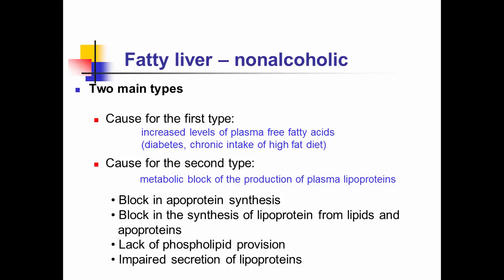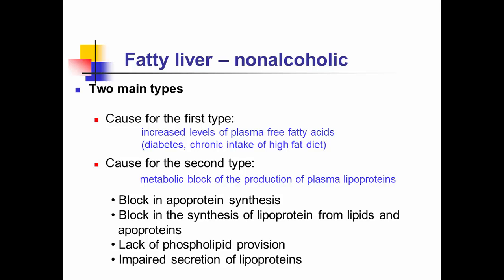This cause is usually related to genetic problems, right? You are either missing some apoproteins or some other components such as phospholipids, so then lipoprotein cannot be made, right? For example, a block in apoprotein synthesis. We know apoprotein is very important to make the structure of a lipoprotein and to stabilize it.